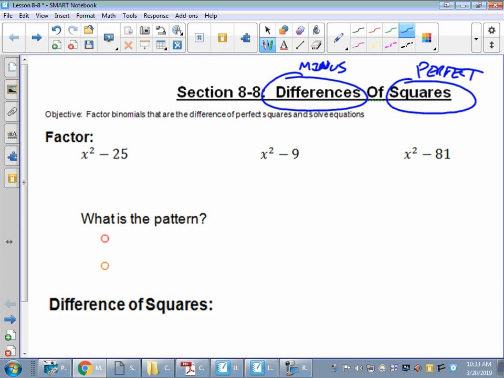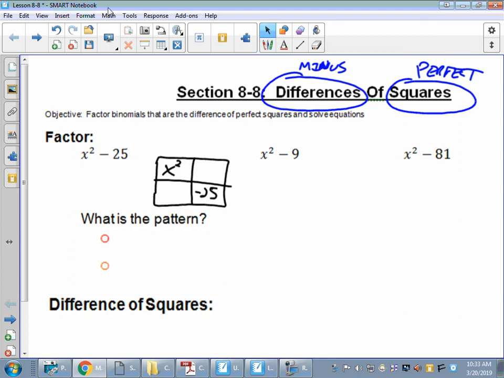So I'm going to use the square method here to do this one, just to review that as well. Remember, the first term goes in the upper left. The last term goes in the bottom right. We know what makes x squared would be x times x, those factors.